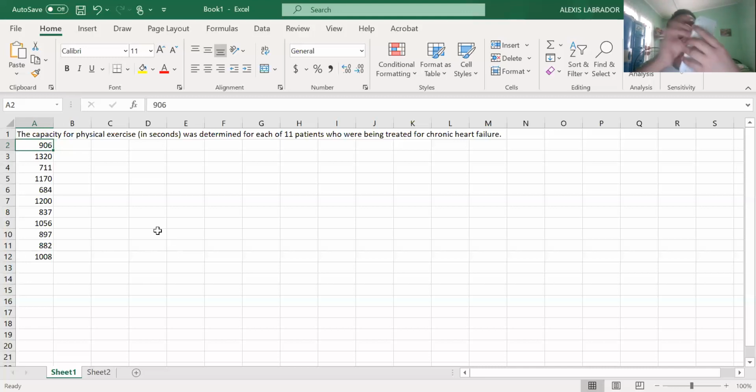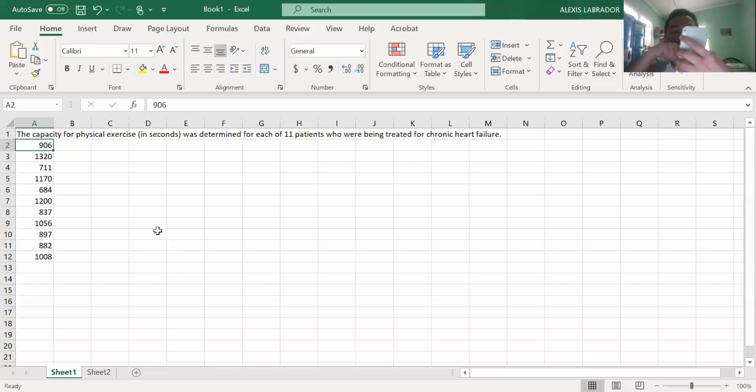And then of course yung sample standard deviation, in which kapag pinress mo yung next arrow, lalabas yung ating sample standard deviation, which is 201.98 or just simply 202.